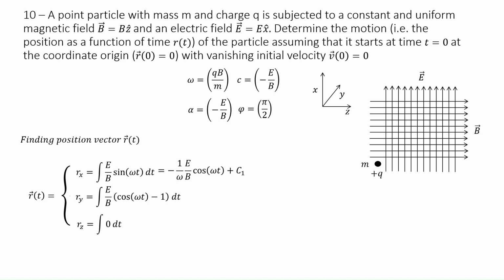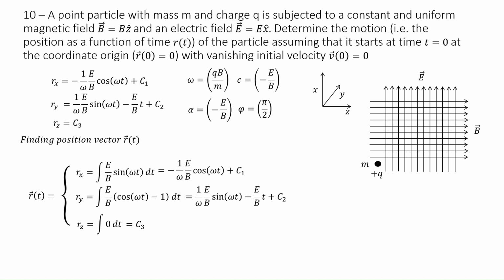For this first one, we change the sine into a minus cos and take the omega out to the front, and add a constant. For our second one, we change our cos into a sine and have the omega come divided out the front, and our 1 becomes t, and we have a constant C. And for our z component, it is simply a constant.